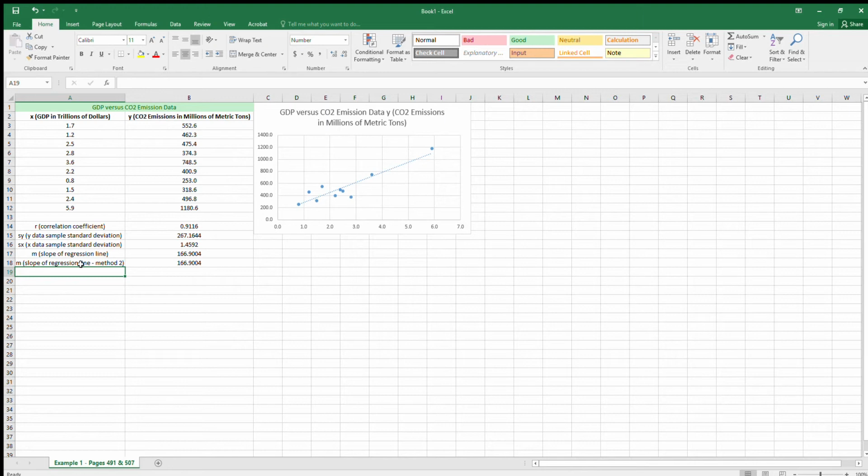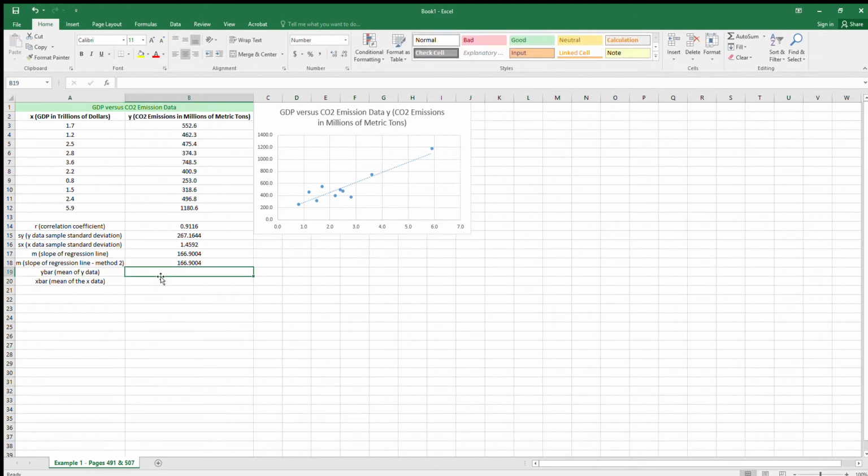Okay, what's next is to calculate our value for b, the y-intercept. Again, b is equal to y bar minus m times x bar. So we know m already, that's this value here. We need to calculate y bar, the mean of the y data, and x bar, the mean of the x data.